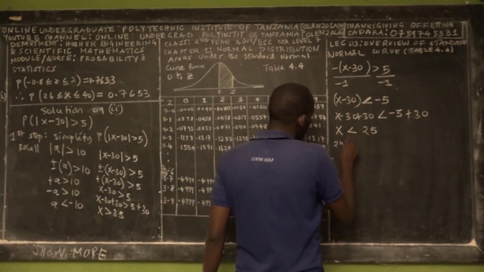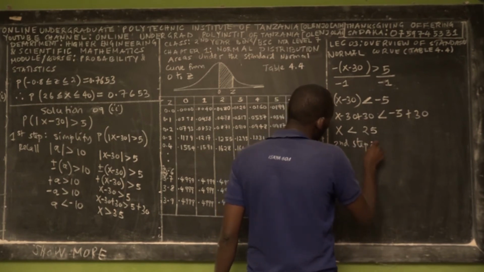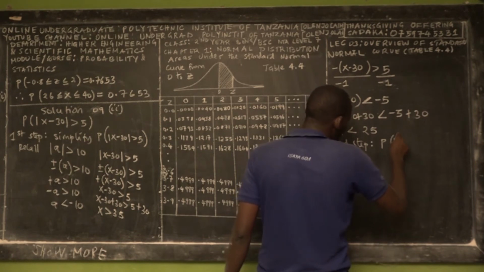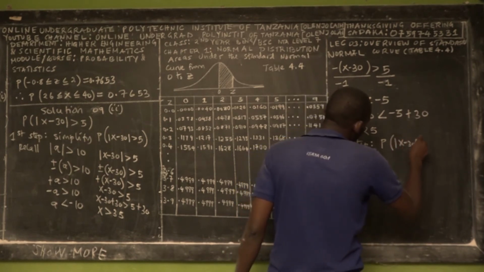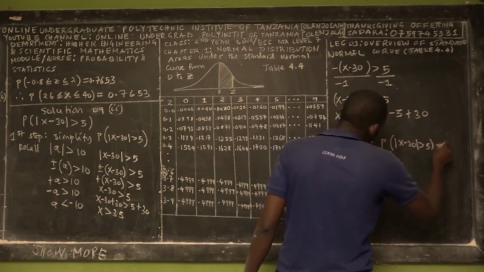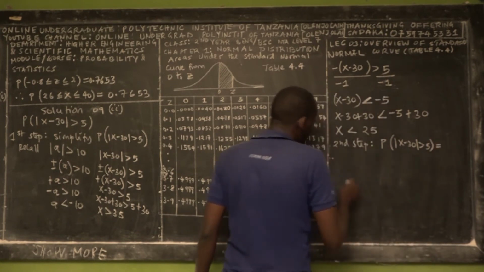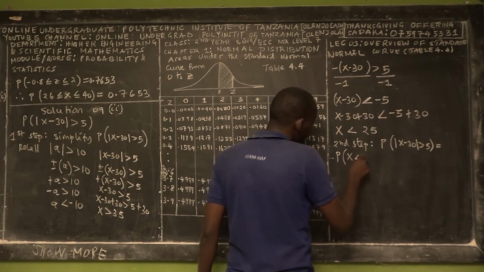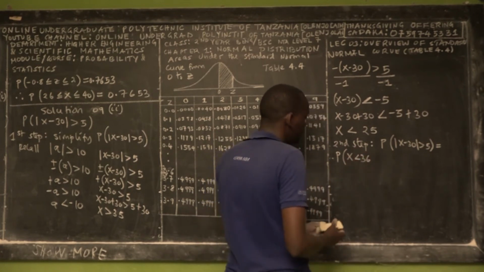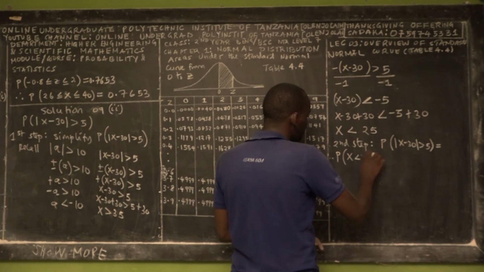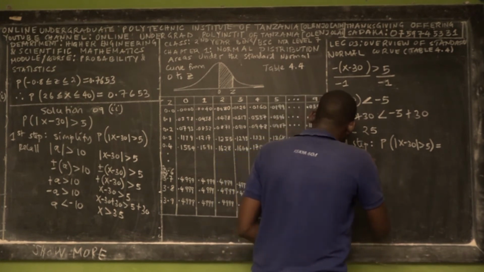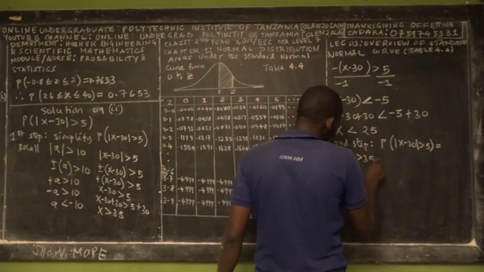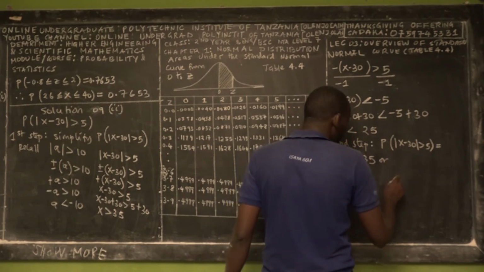So second step, the probability of the absolute value of x minus 30 greater than 5 is equivalent to the probability of x less than 25 or x greater than 35.